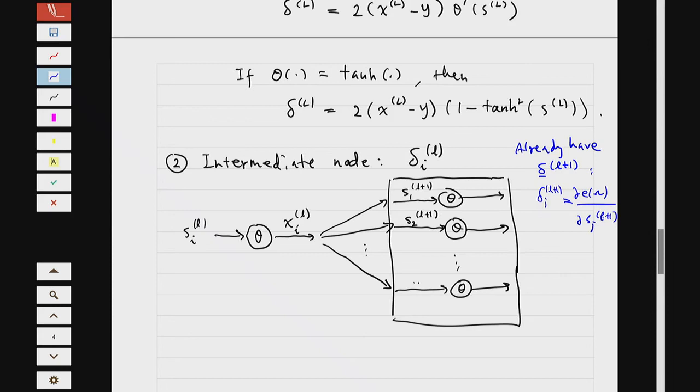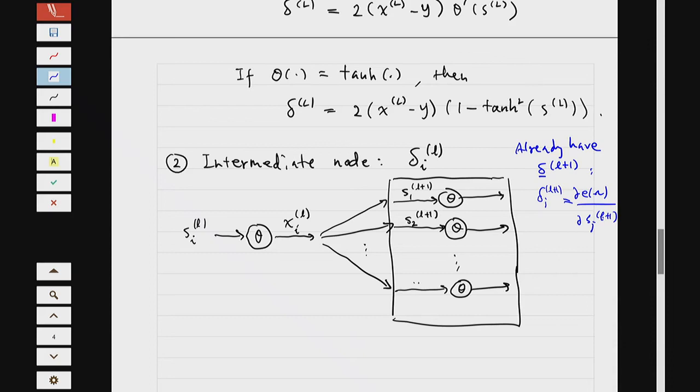Everyone see that? Again, at layer L, since we're backtracking, we have delta for the layer L plus 1 already. And the delta for layer L plus 1 is simply the partial derivatives with respect to these guys, by definition. So now our mathematical problem is the following. Given that we already have the partial derivatives with respect to these guys here, how do I find the partial derivative with respect to this guy?